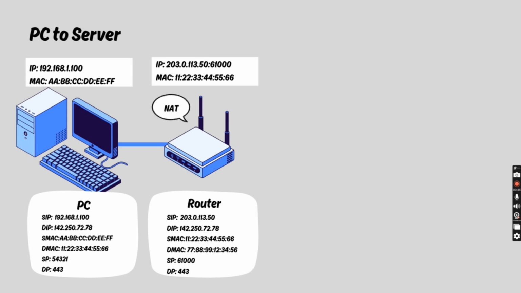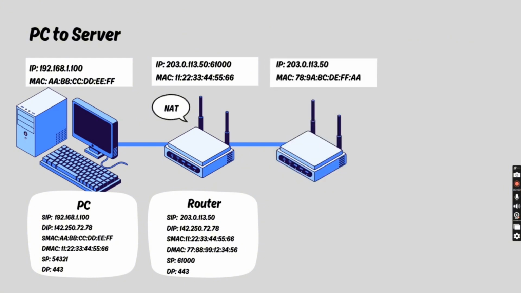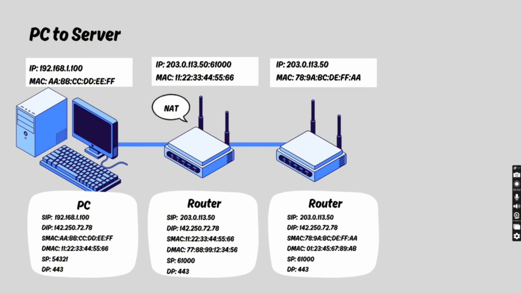Since router 2 is the next device in the path, it receives the packet and forwards it towards the server. It does not modify the IP addresses as it is simply routing the packet. However, it updates the MAC addresses because each hop requires new layer 2 addresses.